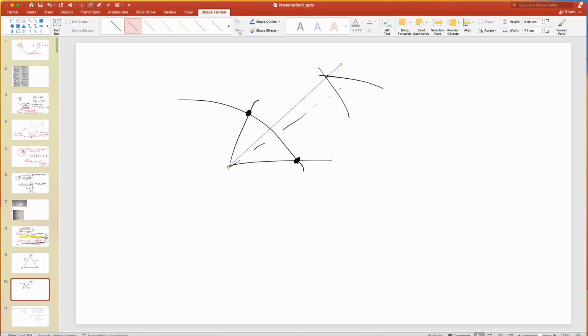Measure the length of AP. AP is it? Yeah, from A to P. So you need to draw a line first. A is here. So you draw a line from A to P first. Line. Tilt. So you measure, I think it's 4.8 or something. Yeah, 4.9.